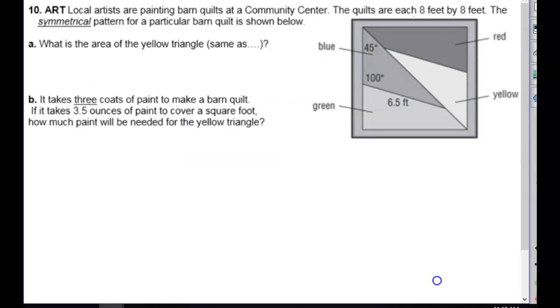All right, we have a quick application here. This is yellow over here, and what's the same as the yellow? Can you tell? Because it says it's symmetrical. Yeah, I'm thinking that the blue over here is the same size as the yellow, because of the symmetry. So what about this yellow triangle?